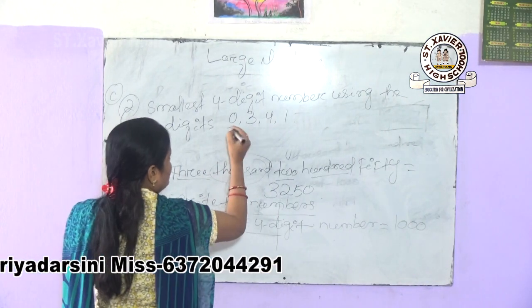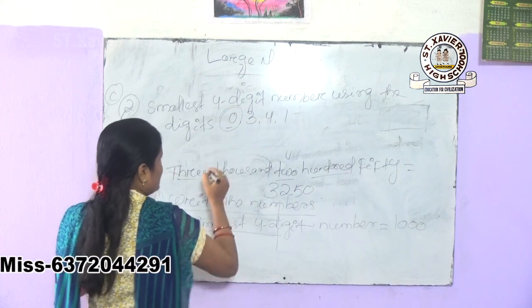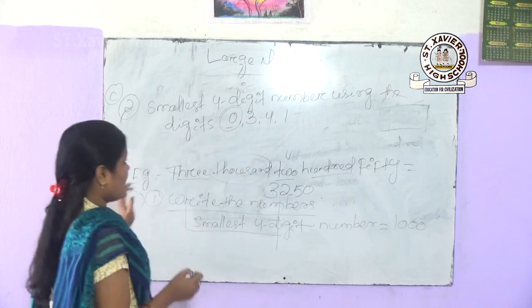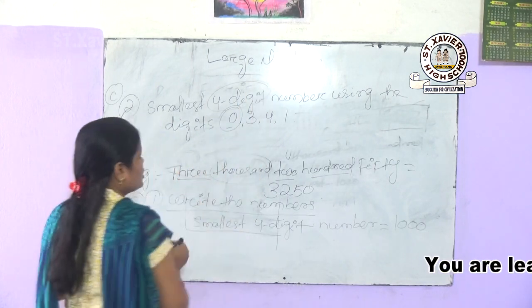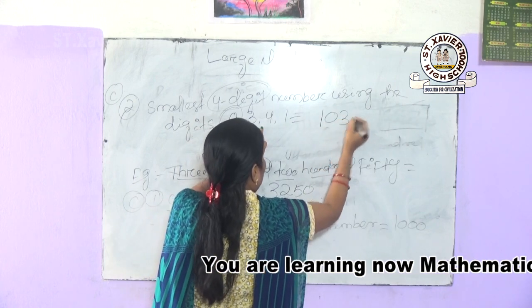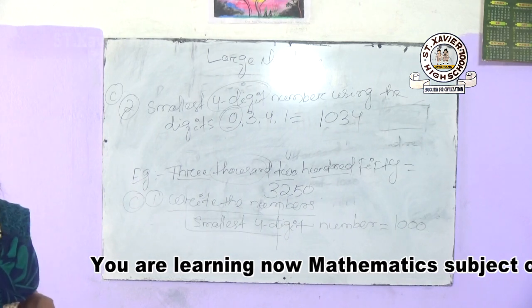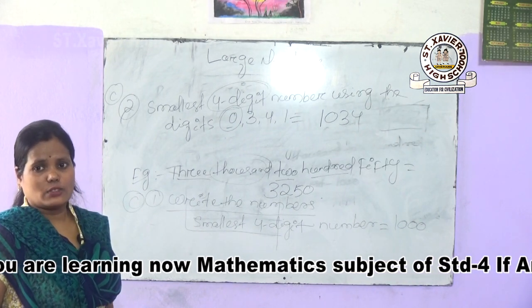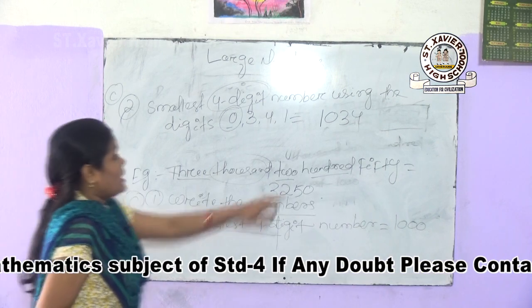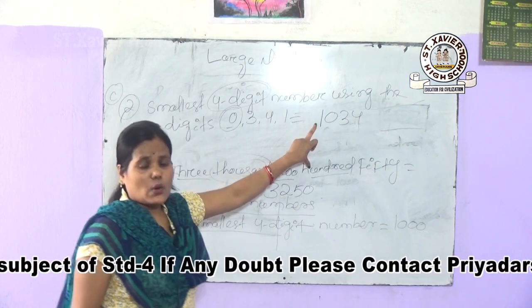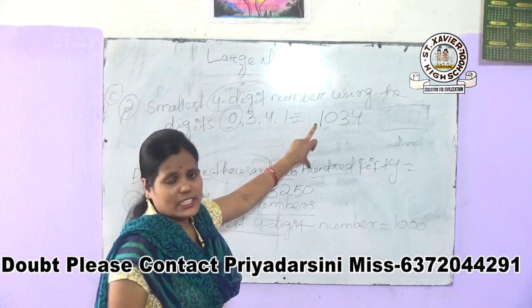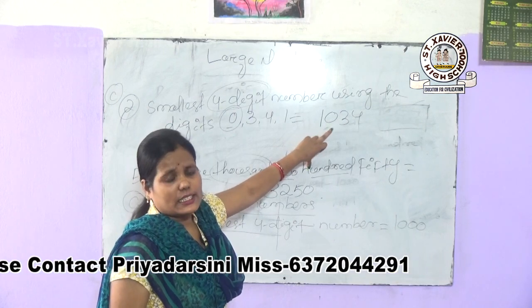Look here, 0 is the smallest, but 0 will not come first, because we have to write a 4-digit number. So first comes 1, then 0, then 3, then 4.